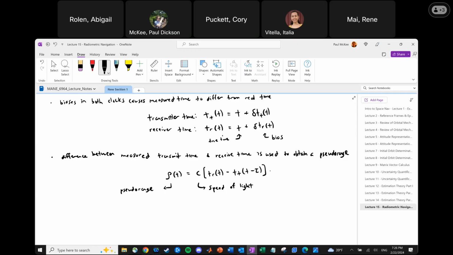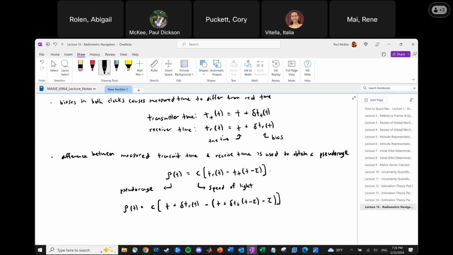So let's expand this a little bit. Rho of t is equal to c and then in parentheses, we're going to make some substitutions for the transmitter time and the receiver time. So we have t plus delta tr of t, true time plus the receiver bias, minus, in parentheses, true time plus transmitter bias, and then minus tau.